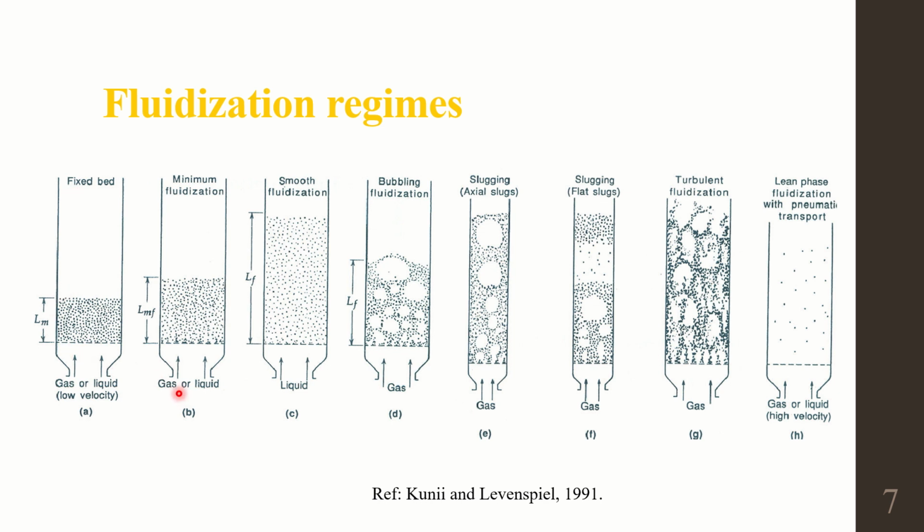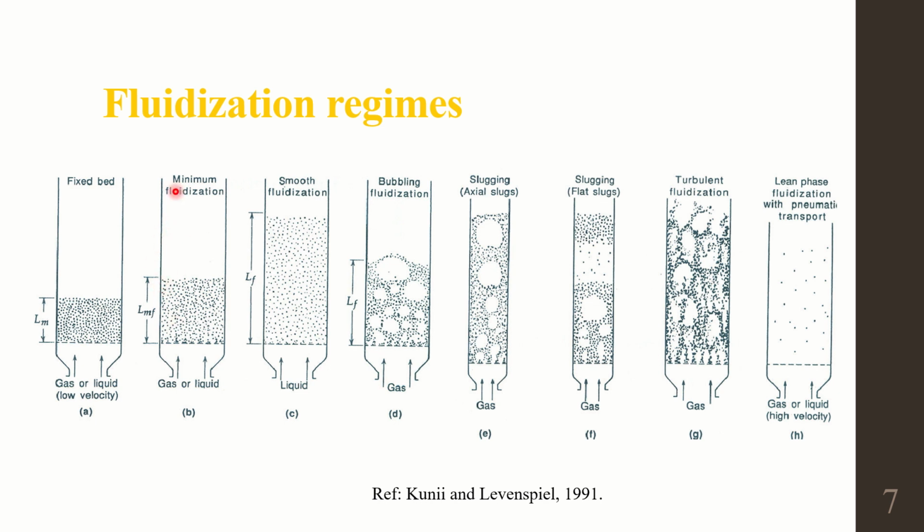After that, the velocity is increased. From left to right we are increasing the velocity and observing the behavior of the bed. In the second case, we are increasing this velocity by a slight fraction, and the bed is not exactly closely packed, but rather loosely packed, but the particles are not moving anywhere.